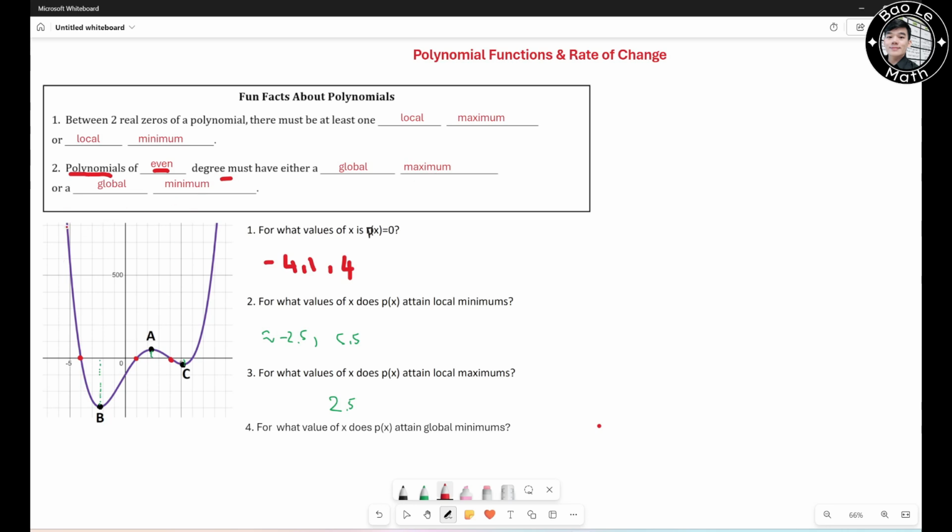So we look at this one, we see that the graph has the same end behavior, which means the graph has an even degree, right? So this guy has a global maximum or global minimum, right? In this situation, we have the global minimum, which means right here. So x equals negative 2.5, right?